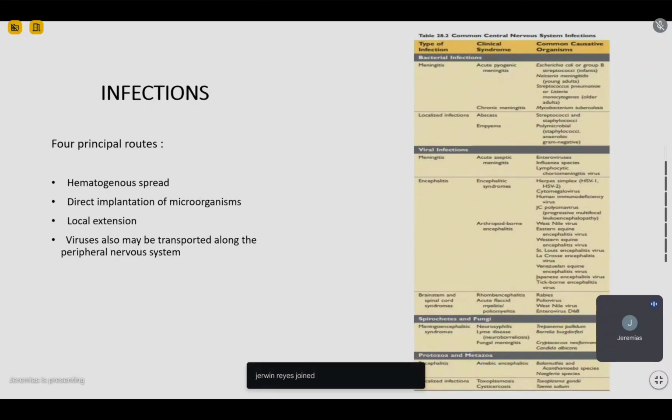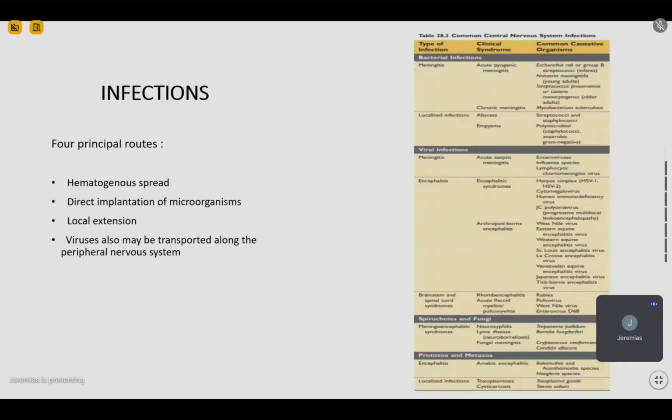Then we also have local extension that originates from infected adjacent structures, or the routes of viruses, wherein viruses can be transported along the peripheral nervous system, as occurs in rabies and herpes zoster virus.